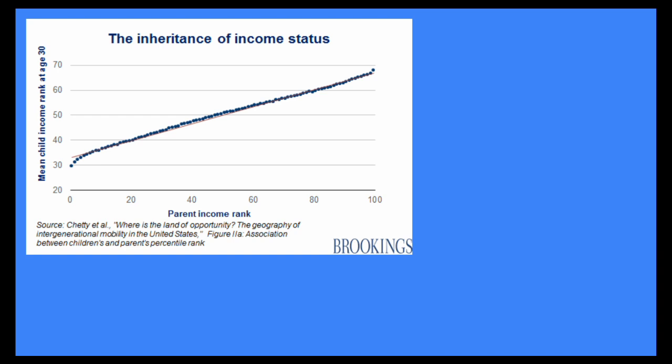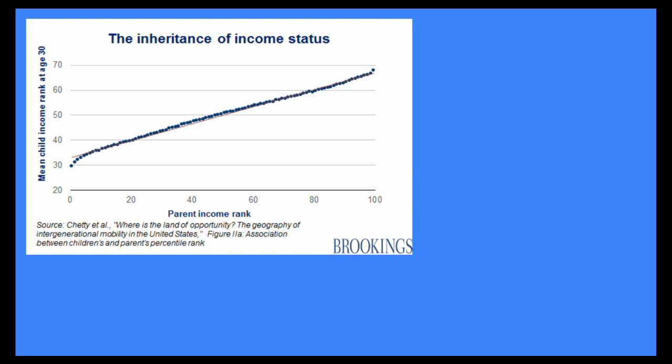And what you see from this graph here, the inheritance of income status, your income as a parent is far more determinative of your child's income, and in a slightly negative sense. So the slope is an upward sloping relationship between the y-axis, which is the average child income rank at age 30, so a little bit under what we would call mid-age, right?